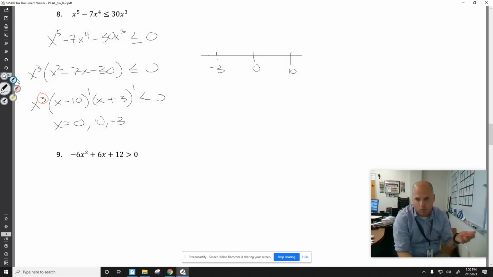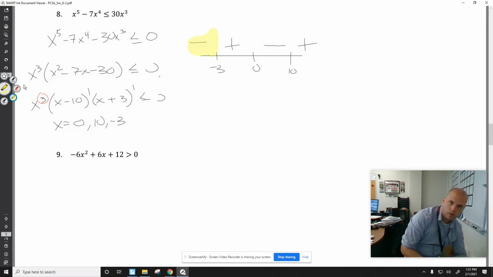Let's just do one test point and then understand that they will go through. It will not bounce off. So plug in like 11, positive, positive, positive, and then they'll change signs. And we are looking for when we are less than or equal to 0. That occurs here, including the 0, and occurs between 0 and 10.